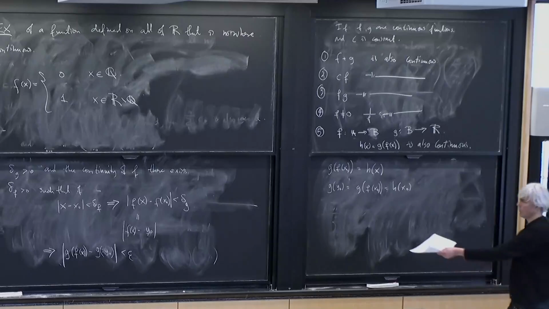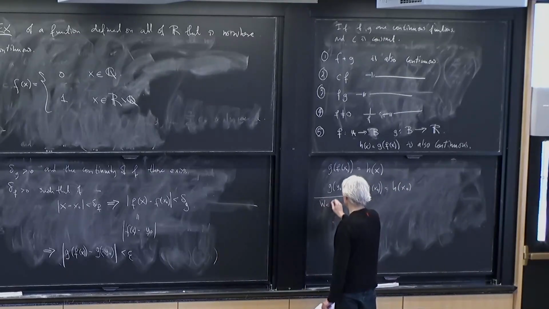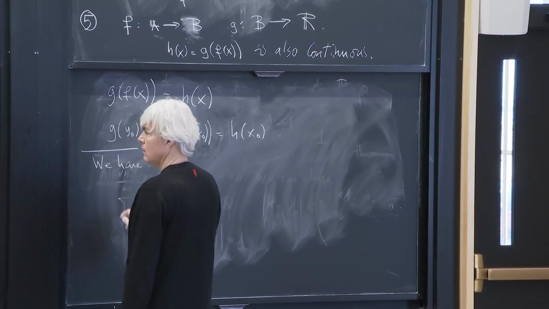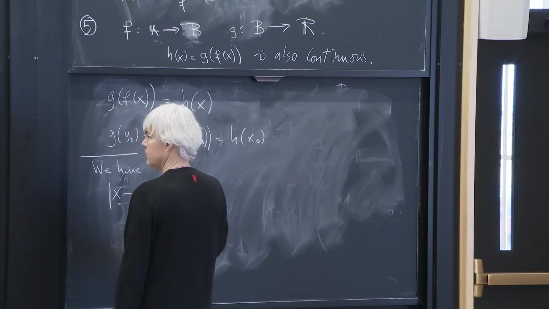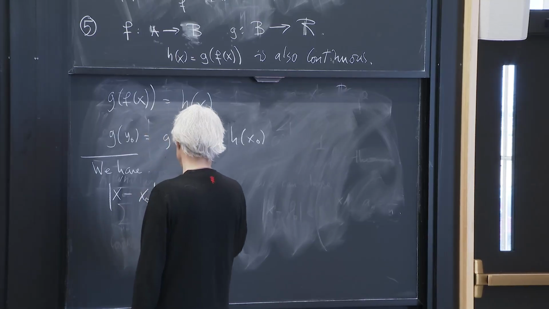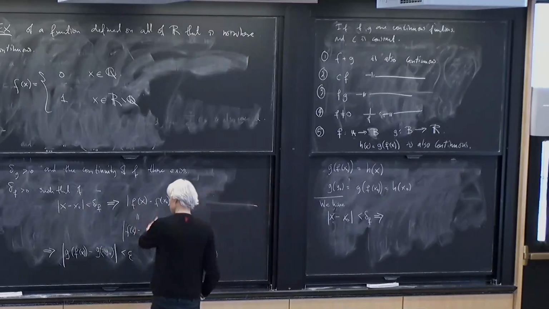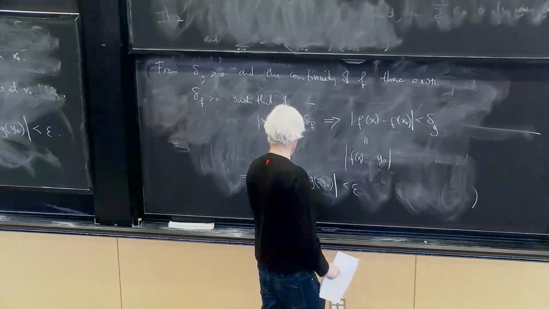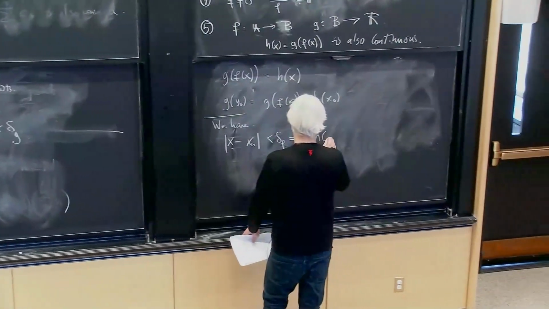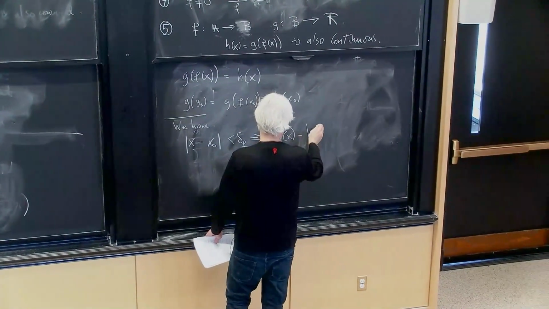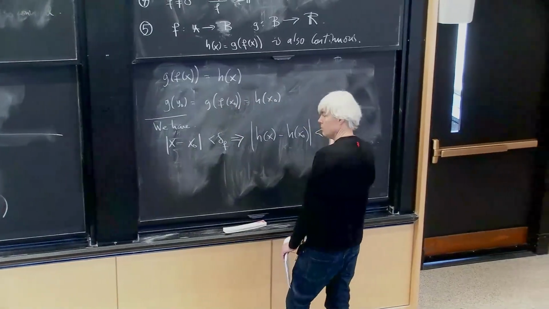So therefore we have that if |x minus x0| is less than delta f, then |h of x minus h of x0| is less than epsilon.